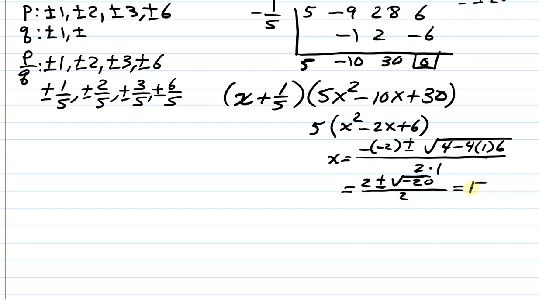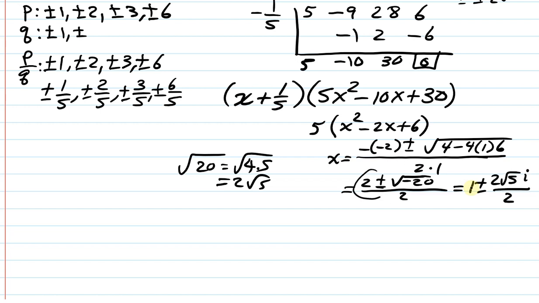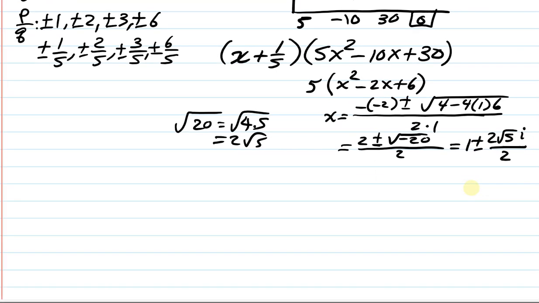That makes it 1 plus or minus the square root of 20, that's 4 times 5, right? So that's 2 root 5. This is plus or minus 2 root 5i divided by 2. I went ahead and divided 2 by 2, and that's how I got the 1. But you've got to also divide the radical by 2, the denominator. Perfect.